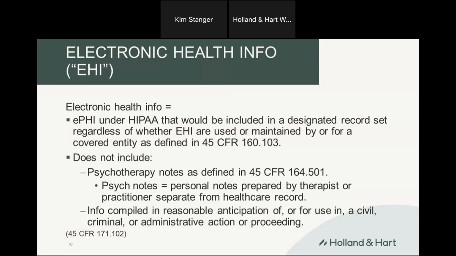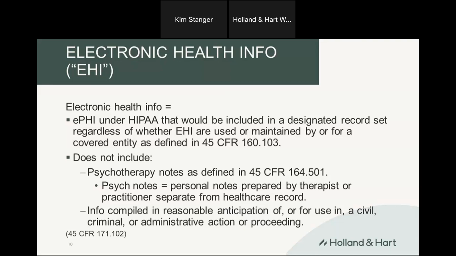Now, as I mentioned, the information blocking rule only applies to electronic health information, or EHI. They basically borrow the definition from HIPAA. So electronic health information under the information blocking rule is any electronic protected health information, or EPHI, under HIPAA that would be included in a designated record set, regardless of whether the EHI is used or maintained by or for a covered entity as defined in 45 CFR 160.103 of HIPAA.